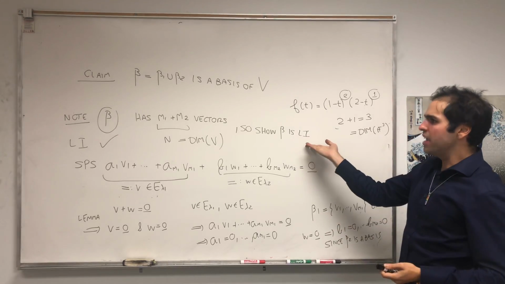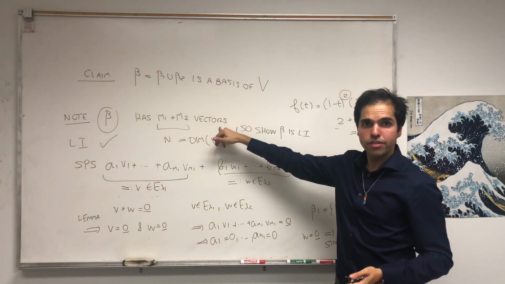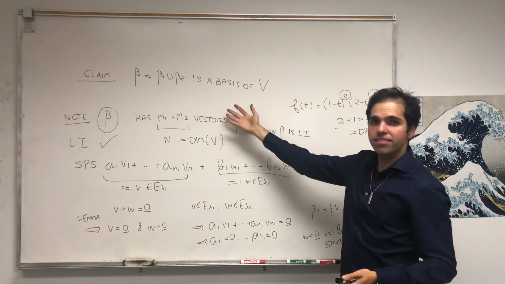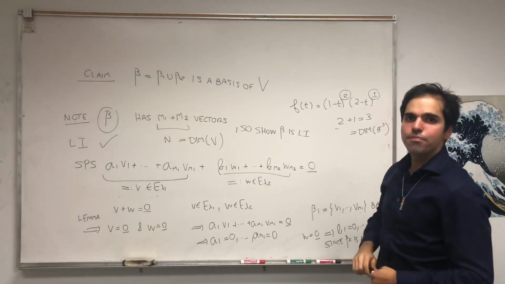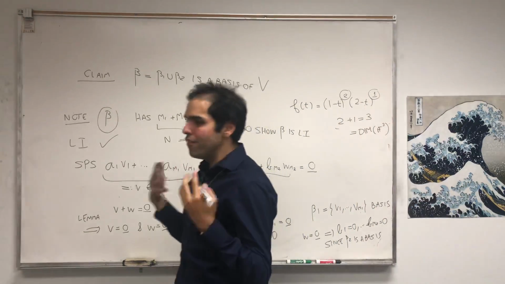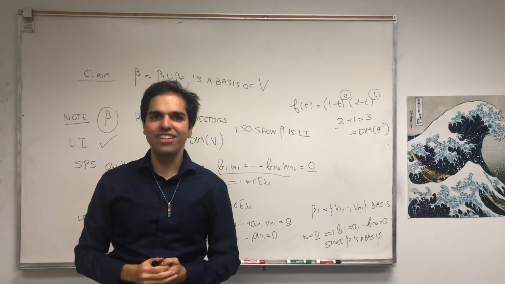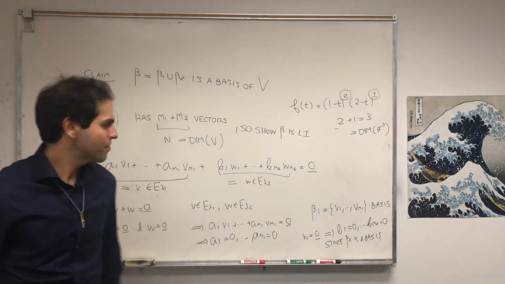Therefore, beta is linearly independent. It has enough vectors to form a basis of V, and therefore it is a basis of V. We found a basis of V consisting of eigenvectors of T, and that's just the definition of diagonalizable.